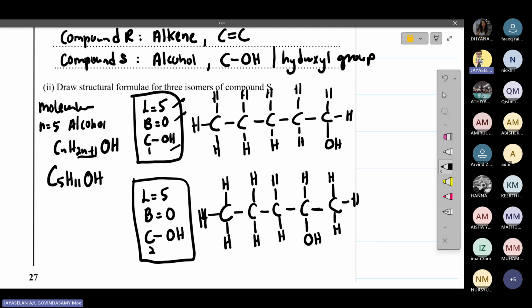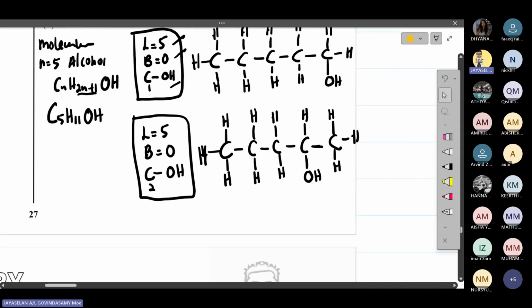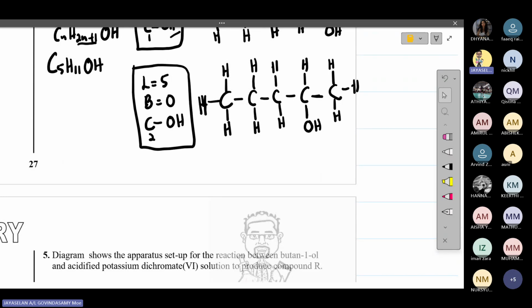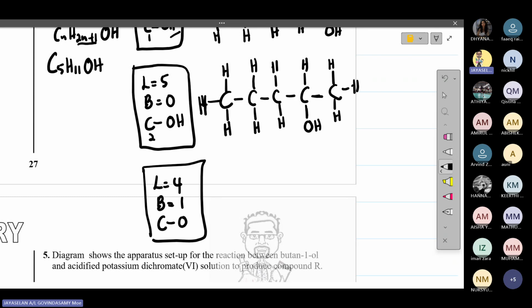Any question? Okay, so number 3. You can play with the double bond, or the functional group position, or you can change the long chain and branch. Up to you, they don't ask for all of them. So I'm lazy, I will do it like this: long chain 4, branch 1, OH at carbon number 1.